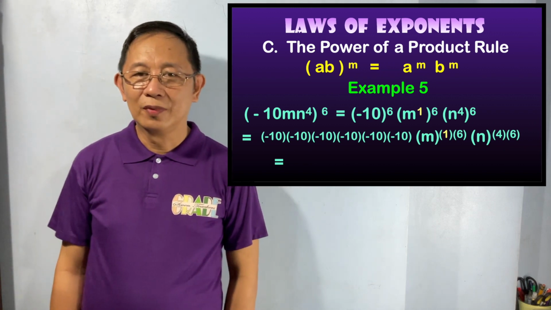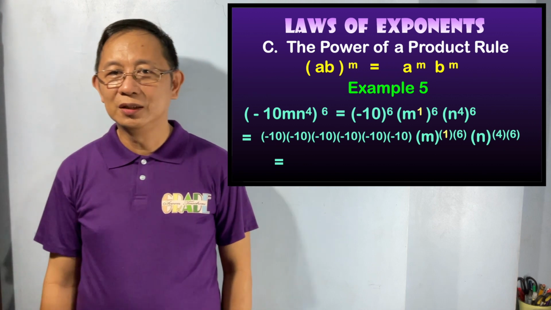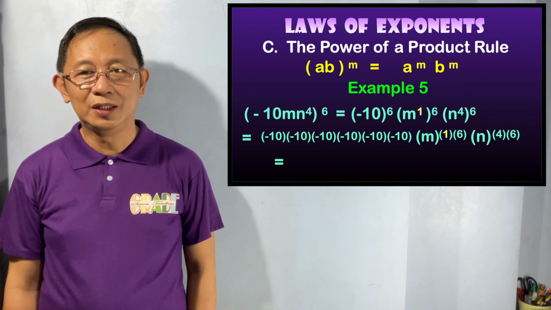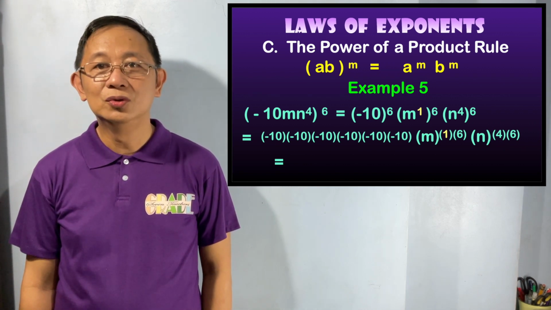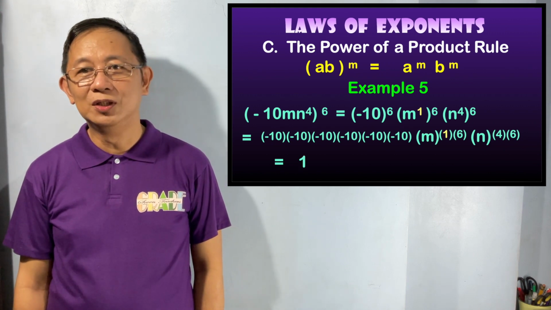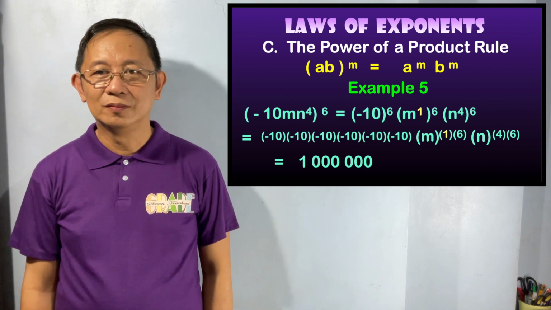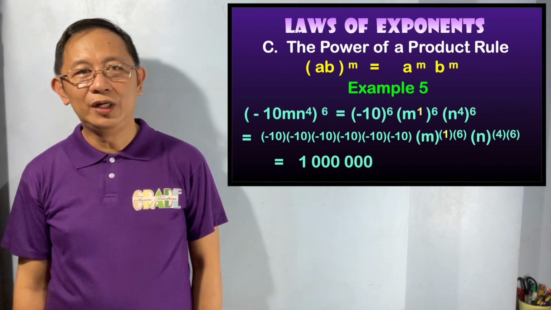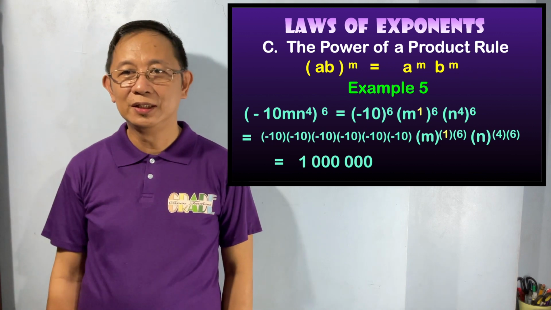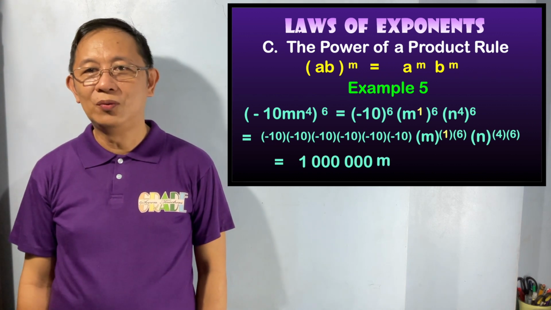Negative 10 times negative 10 times negative 10 times negative 10 times negative 10 times negative 10 is equal to 1 million, positive. Positive 1 million. And m raised to the 1 times 6 power is m raised to the 6th power.